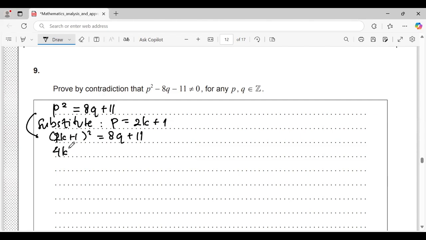It becomes 4k squared plus 4k plus 1 equals 4q plus 11.